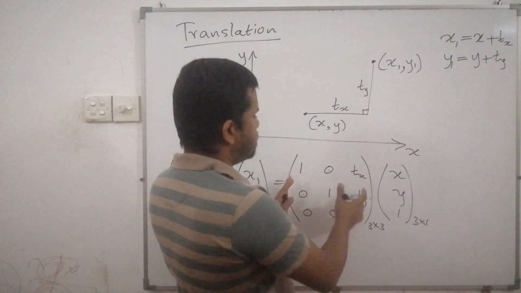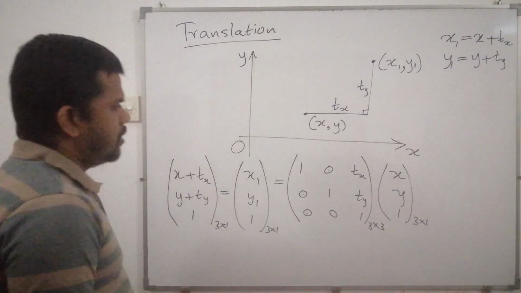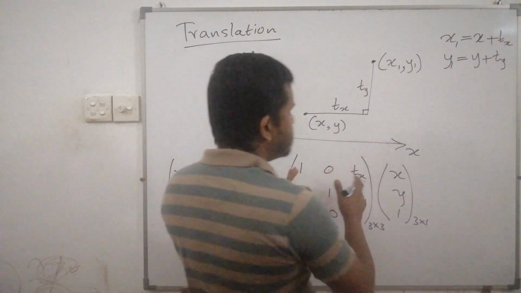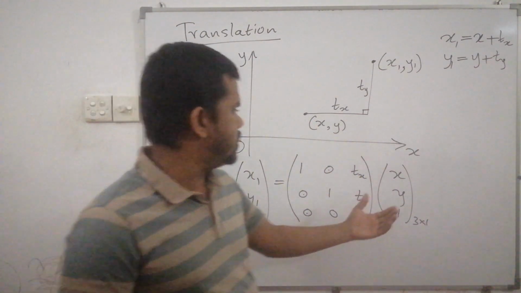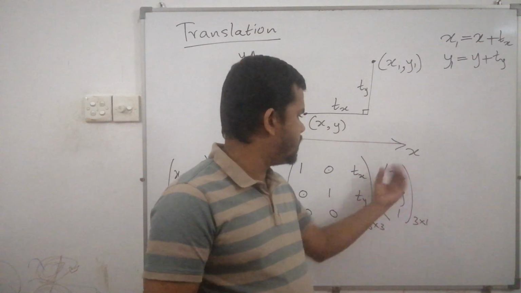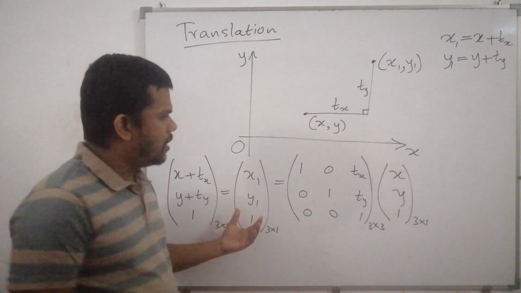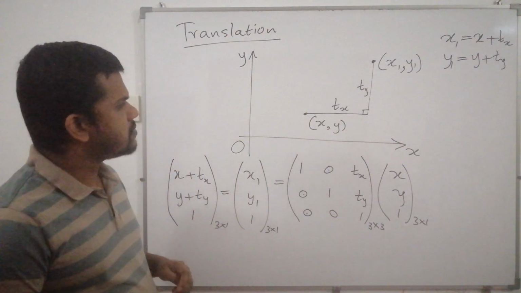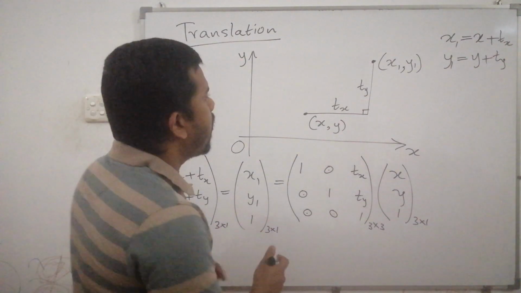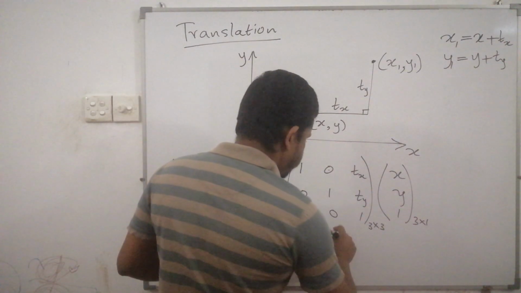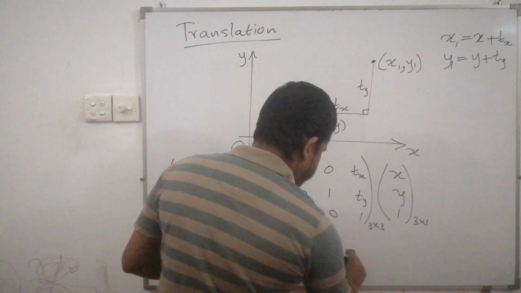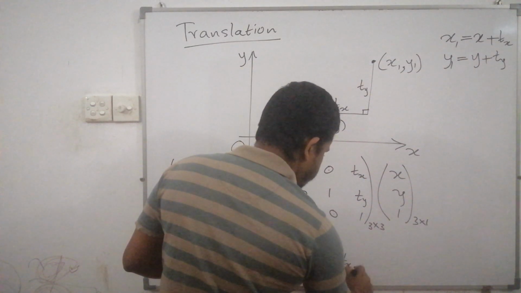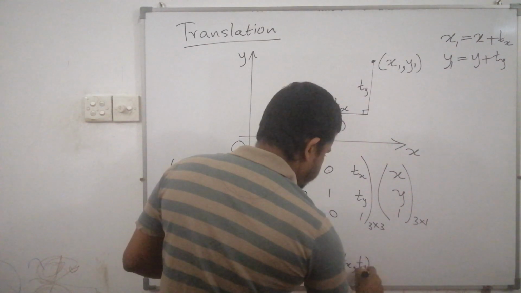Now this matrix, we call this the translation matrix. That means it transforms this particular matrix to this one. So we represent this using capital T, Tx comma Ty.